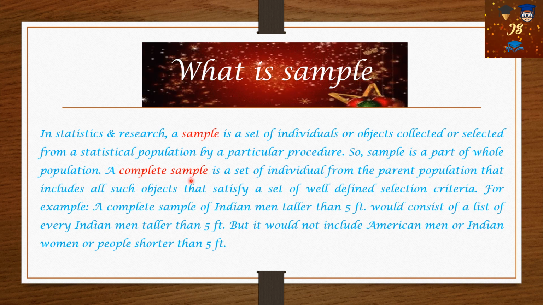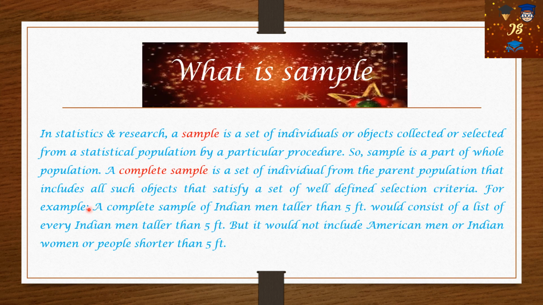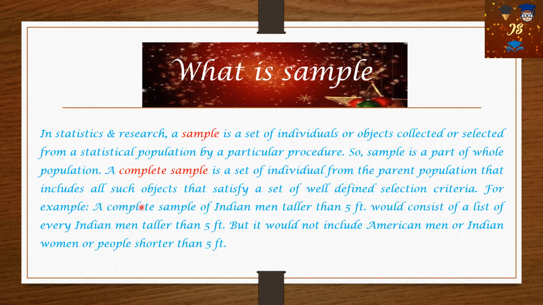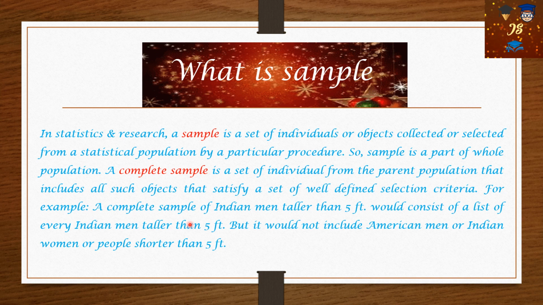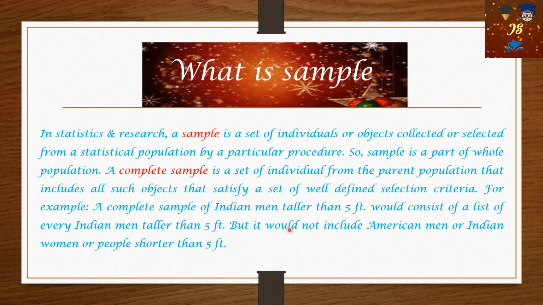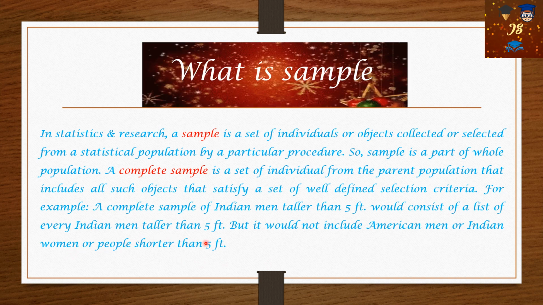A complete sample is a set of individuals from the parent population that includes all of the objects that satisfy a set of well-defined selection criteria. For example, a complete sample of Indian men taller than 5 feet would consist of a list of every Indian man taller than 5 feet.